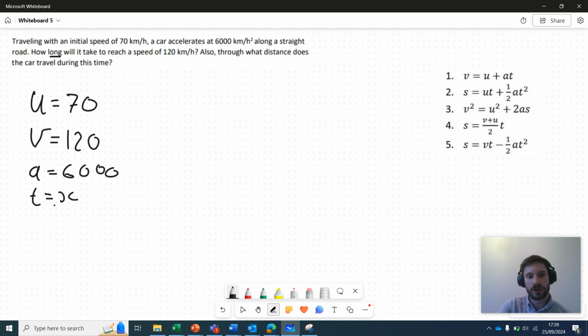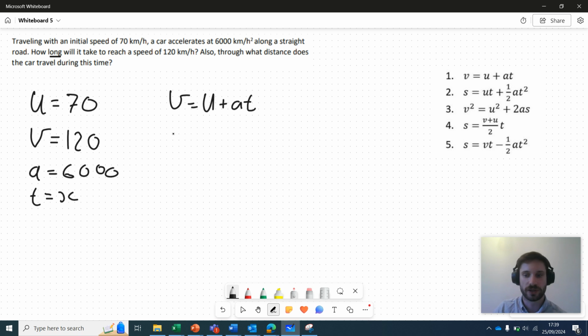Now, looking at what we know and what we're looking for, we could have a look at these equations we have here. We're looking for an equation that contains u, v, a, and t, and nothing else, right? And the only real option here is equation 1. So v is equal to u plus a t, and we're looking for time, so let's make time the subject of the equation here.